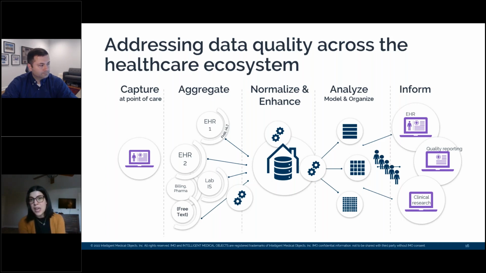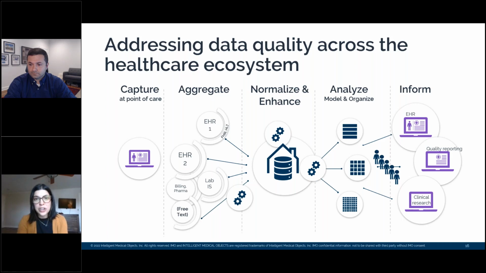It can sometimes use IMO and sometimes not. And when you go to aggregate all of these various systems where clinical data is being captured, then what most healthcare systems are doing today is moving on to the analytics portion and trying to make informed decisions based off of what their self-service analytics platforms show them. But it's the age-old problem of dirty data in and dirty data out.